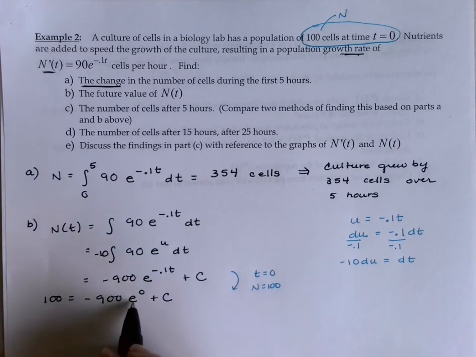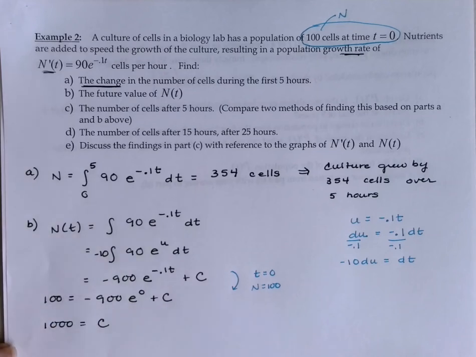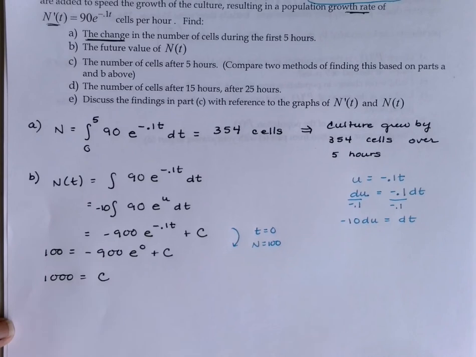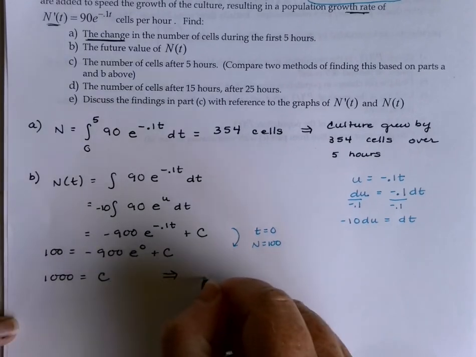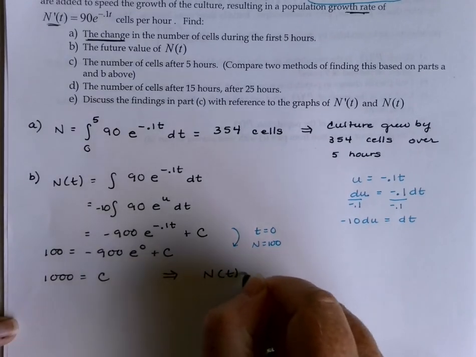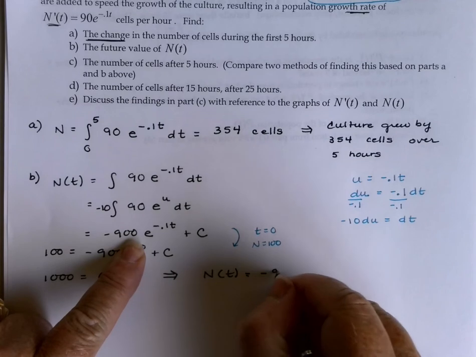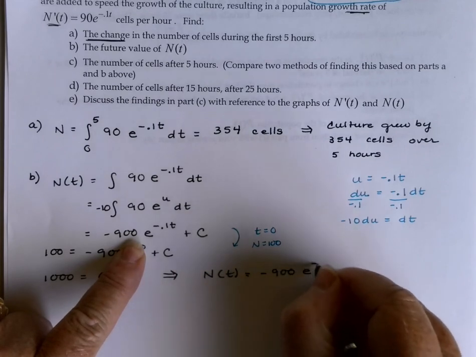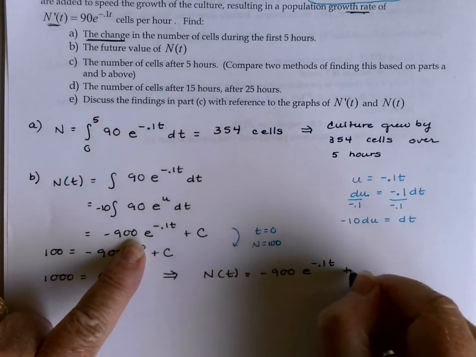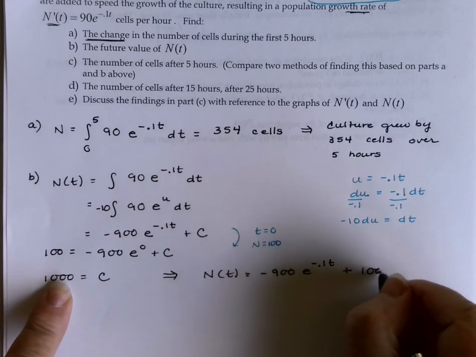E to the 0 is 1, so that's just negative 900. Bring that over, add 1,000, and I'm going to end up with a c value of 1,900. So my future value equation, n of t, is actually going to look like, let's see, here we go, negative 900 e to the negative 0.1t plus 1,900.